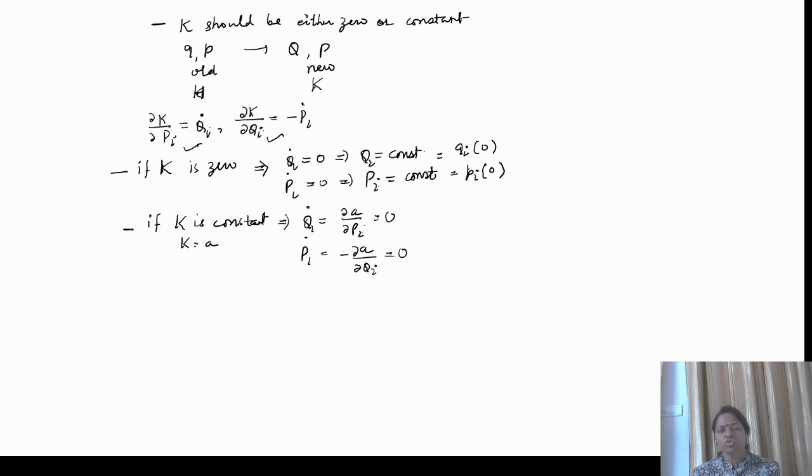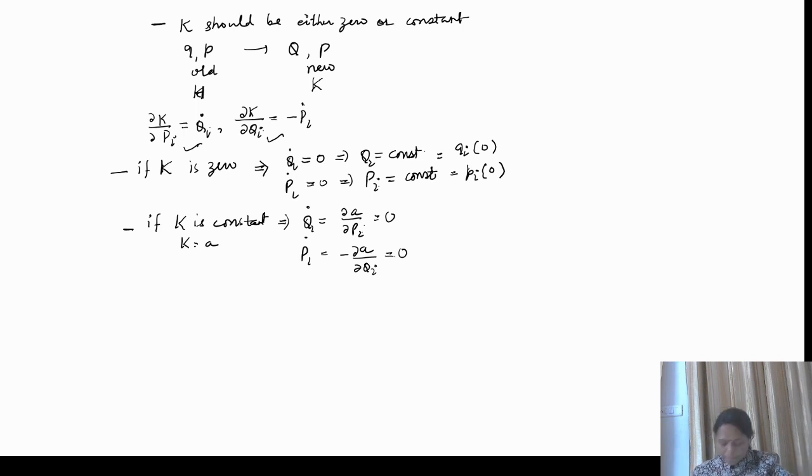My purpose is to make K, capital K, free from all new coordinates, K free from generalized coordinates. That means my purpose is to make all the coordinates cyclic. With the help of an example, I'll show that it depends upon the selection of the generating function, that our K may or may not be free from the generalized coordinates.